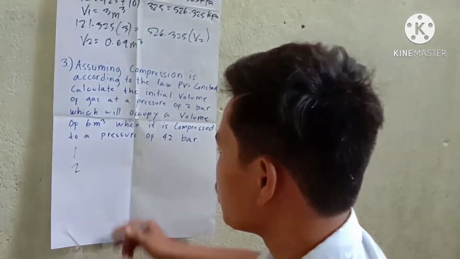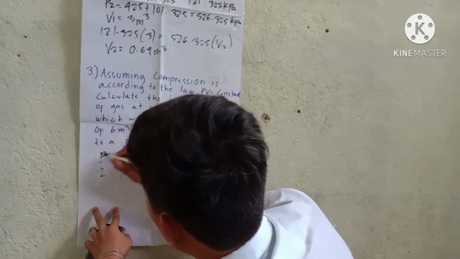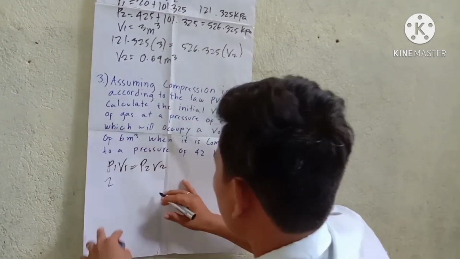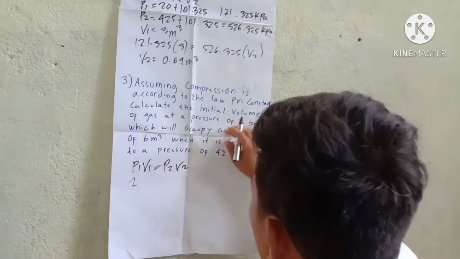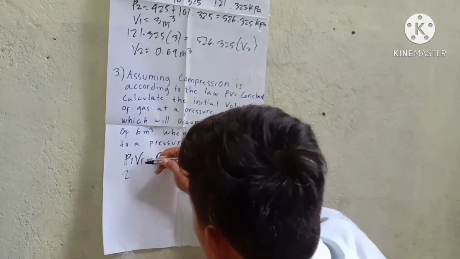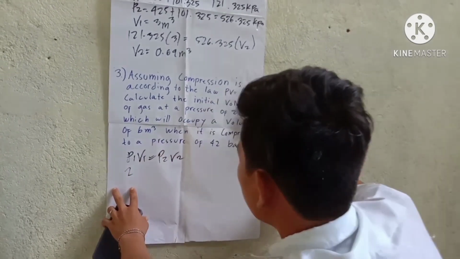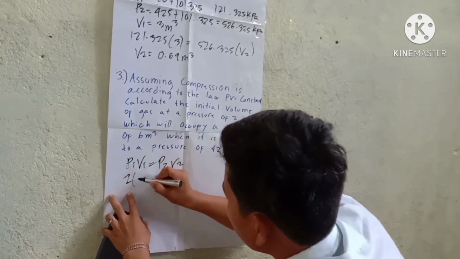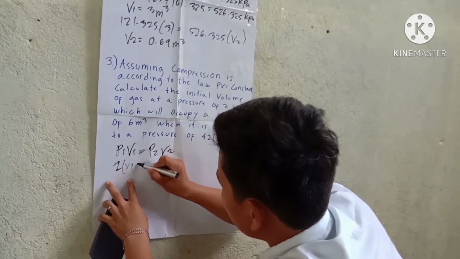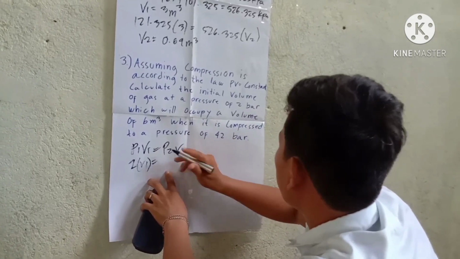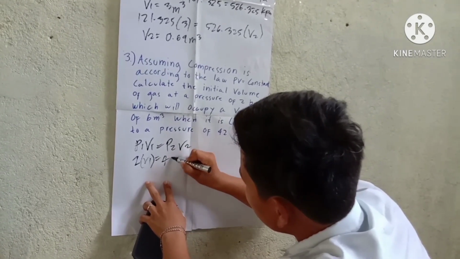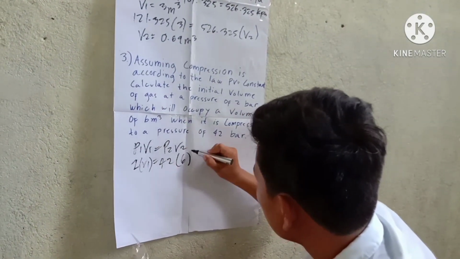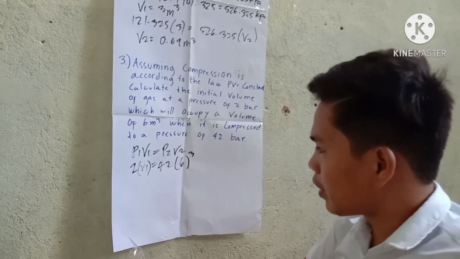We use the formula P1 V1 equals P2 V2, and solve this by shift solve.